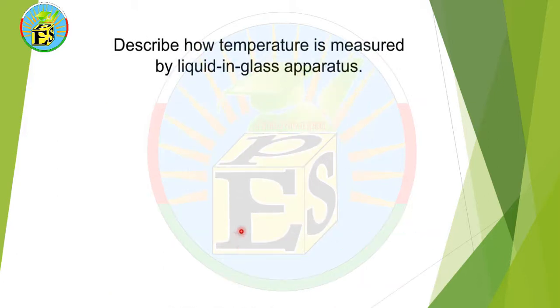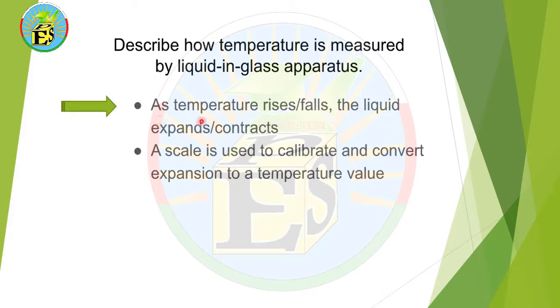Describe how temperature is measured by a liquid in glass apparatus. We use a liquid in glass thermometer to measure the temperature. As temperature rises or falls, the liquid expands or contracts. When we increase the temperature, the liquid expands.